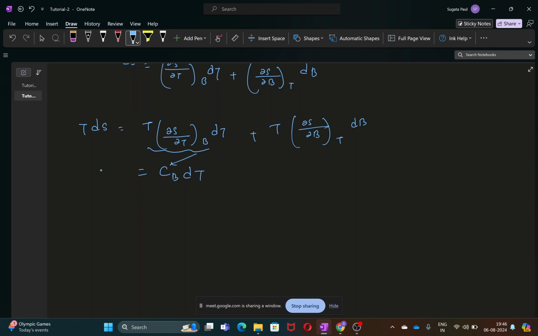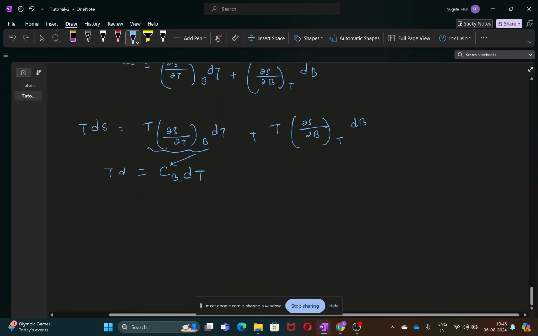So basically this is TdS equals CB dT plus, now also from Maxwell's equation involving entropy and the magnetic flux density, so magnetization, Maxwell's equation will show you that del S del B at T constant equals del M del T at B constant.